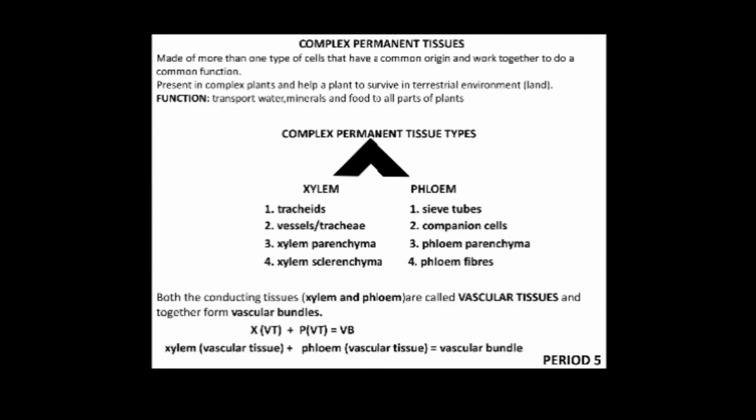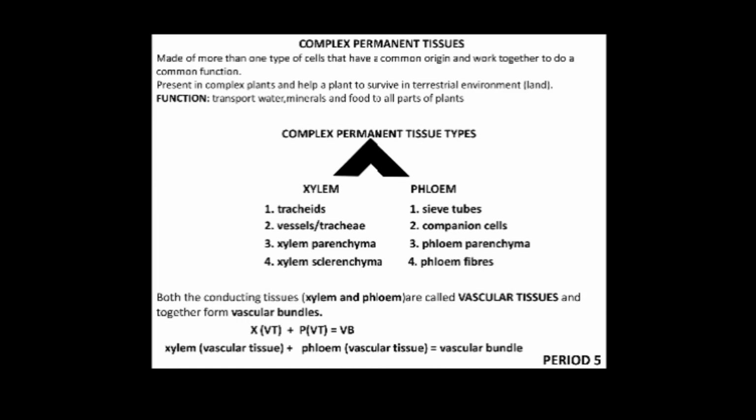Now next, moving on to the complex permanent tissues, made up of more than one type of cells that have a common origin and work together to do a common function. So there are two types of complex permanent tissue, xylem and phloem.